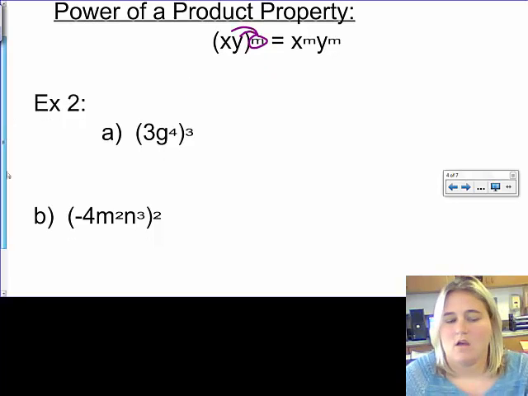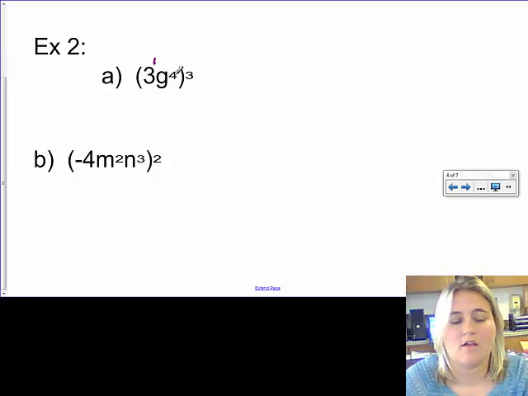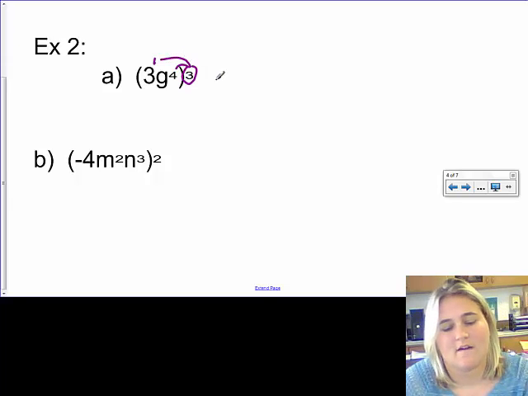So for example 2, what we're doing is we have 3 to the understood 1, I hope that you remember, and g to the 4th. And all of that is being raised to the 3rd power. So what I'm going to do is take this third power and distribute it to the exponents that are on the inside.